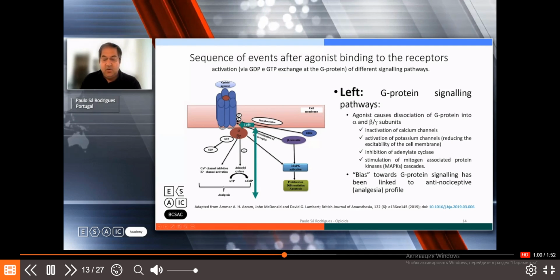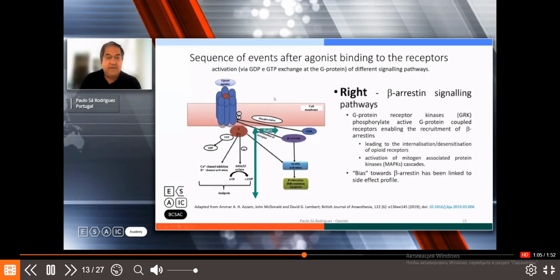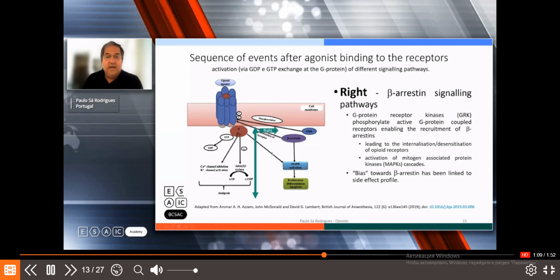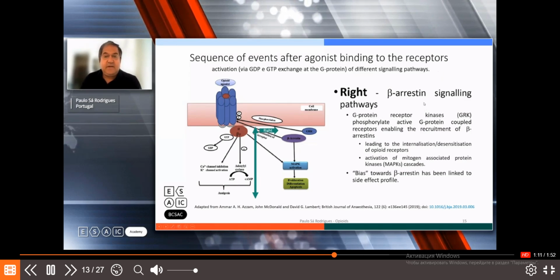On the contrary, if you look at the right side of the picture, the other pathway, it's the beta-arrestin signaling pathway.